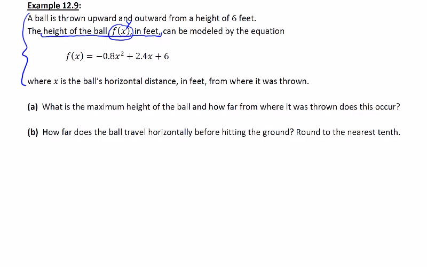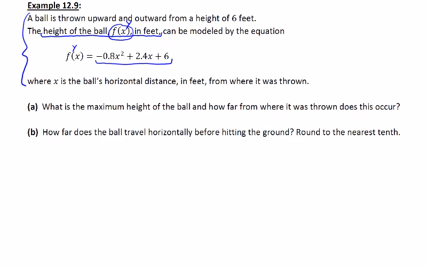In the equation, you have f of x, which is your height, or your y value, and then your height is going to be equal to this expression that is quadratic. And in that quadratic expression, we have x's.